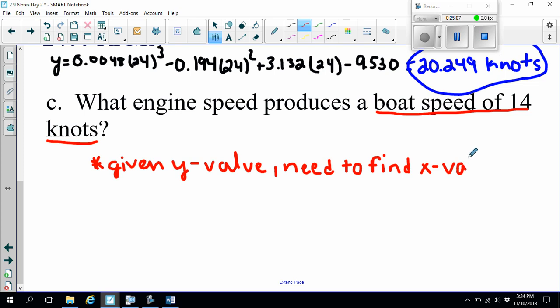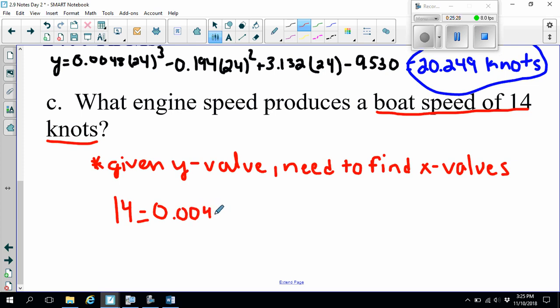So what we're going to do is take that 14, and we've done this before in our 2.4 graphing calculator section. We're going to take 14, plug that in for y, and set it equal to our function here. From here, you do have options.